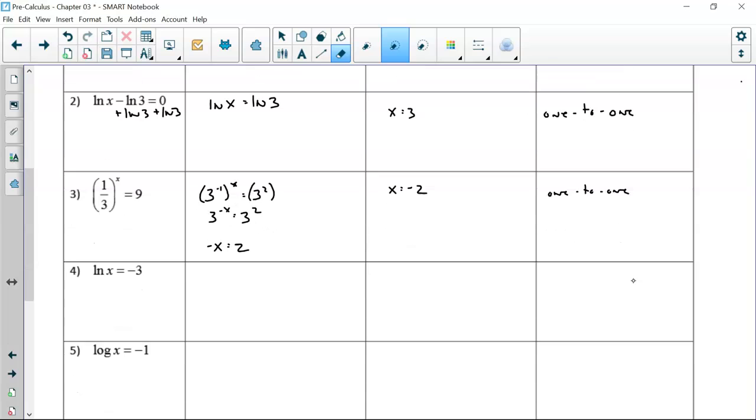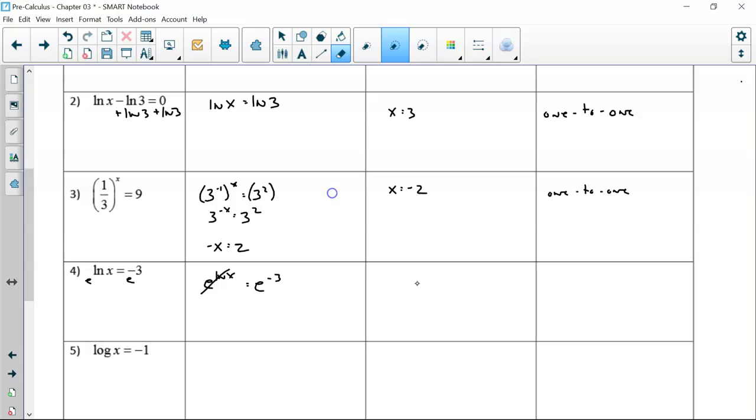Number 4. Now, we need to get rid of the natural log. And the inverse of natural log is exponential. So I can raise e to the natural log of x and e to the negative third. So we're going to raise both to the power of e. So e to the natural log of x equals e to the negative third. Since e and natural log are inverses, they cancel each other out.